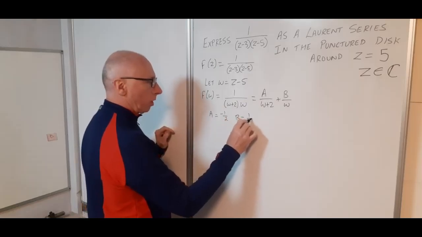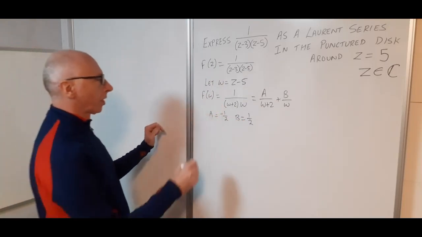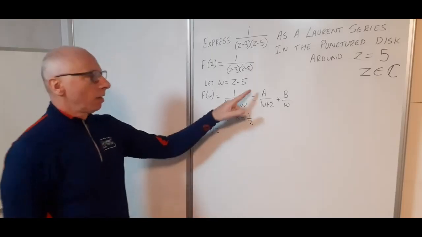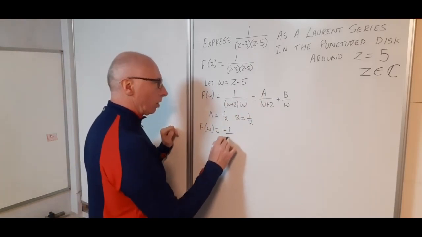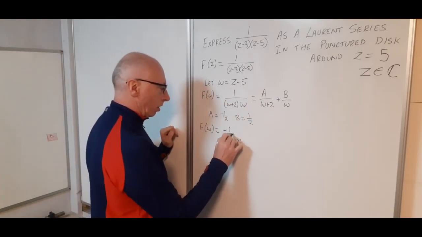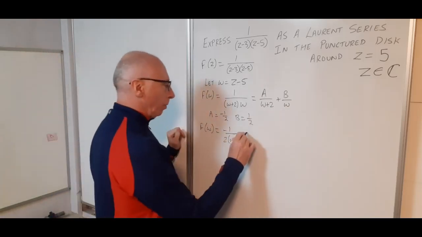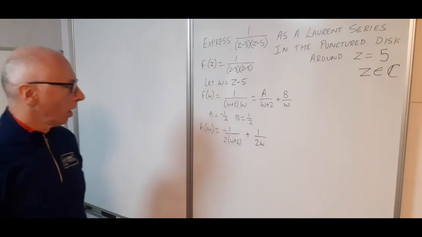So now I can rewrite my f of w. So f of w is now minus 1 over 2 times (w plus 2). And here b is 1/2. So I've got plus 1 over 2w.